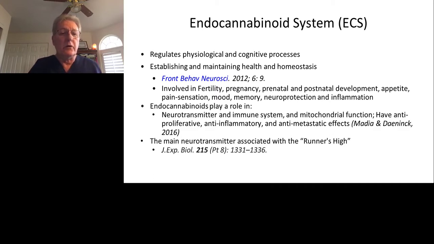Endocannabinoids play an important role in neurotransmission, the immune system, and mitochondrial function, and they have anti-proliferative, anti-inflammatory, and anti-metastatic effects.